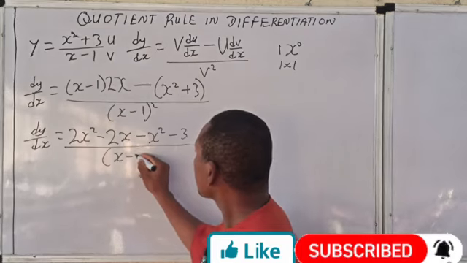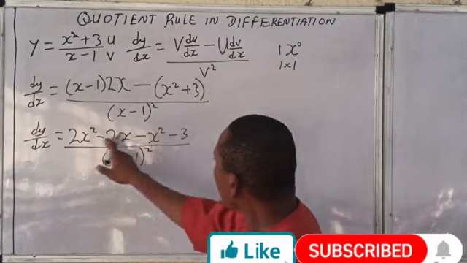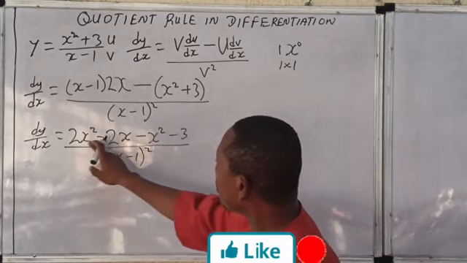x minus 1, squared. So let's now collect like terms. This x squared and 2x squared, they are alike.